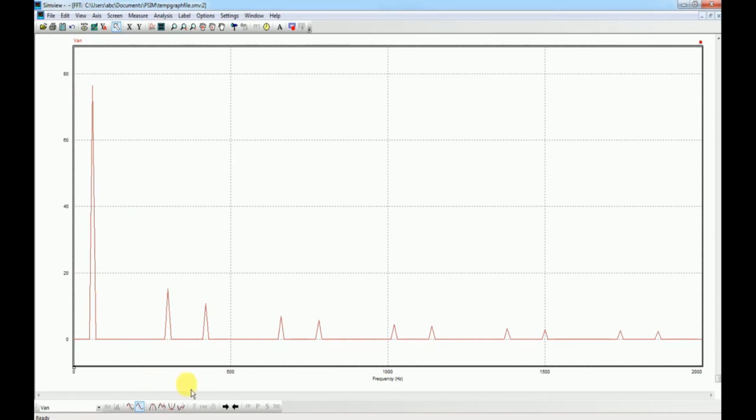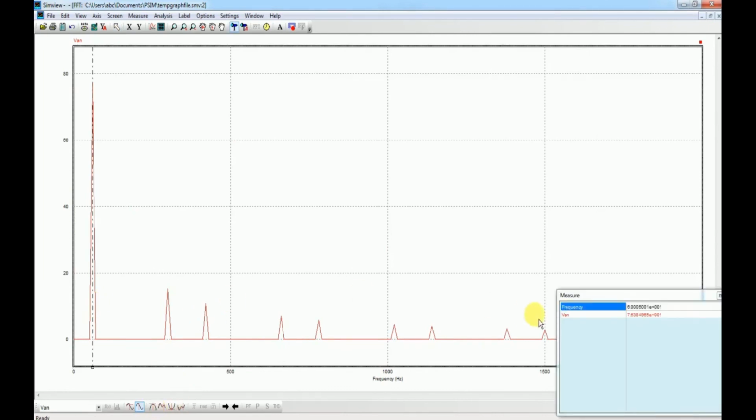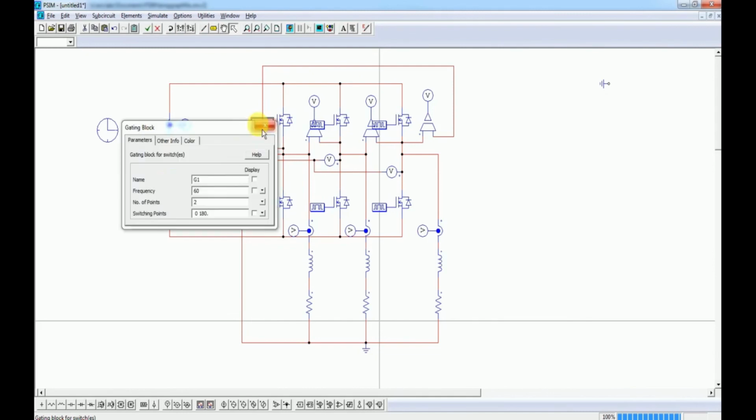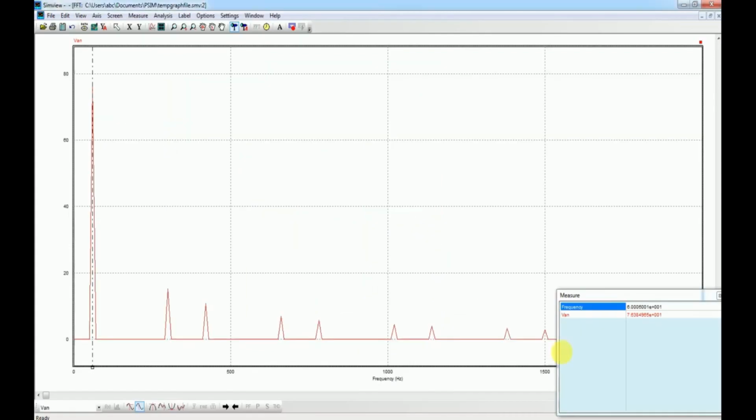So this is the fundamental component here. You can see that the fundamental component has a frequency of 60 hertz, and that is what we set in here. All the gating blocks are set to generate a frequency of 60 hertz. For the 60 hertz, which represents the fundamental frequency, the VAn has an amplitude of 76.3 volts.